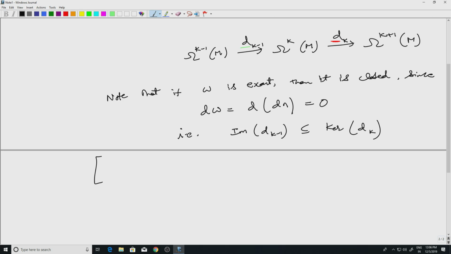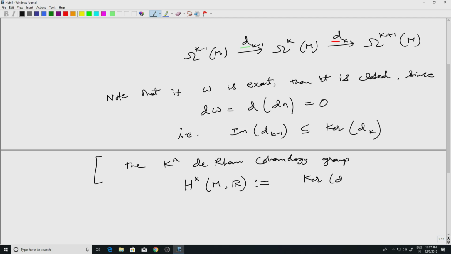Let me just say that the kth de Rham cohomology group, in this case it's actually a vector space, and this is H k of M, R. This is defined to be the kernel of d k modulo the image of d k minus 1, a quotient vector space.